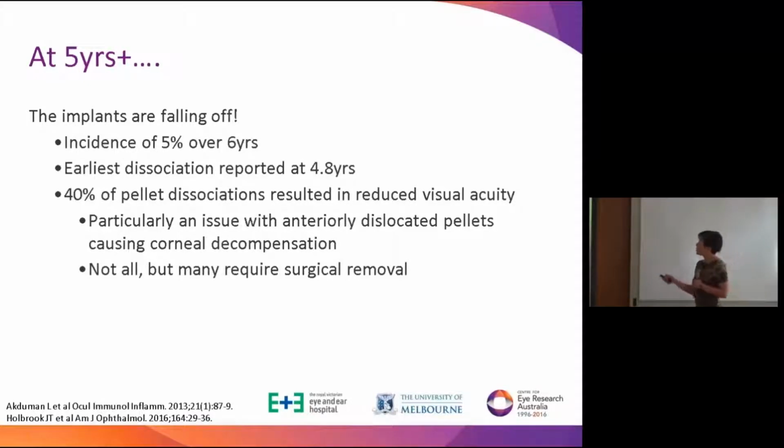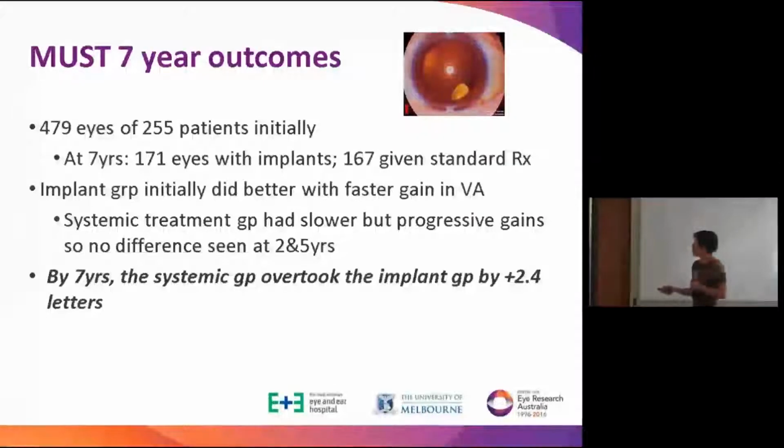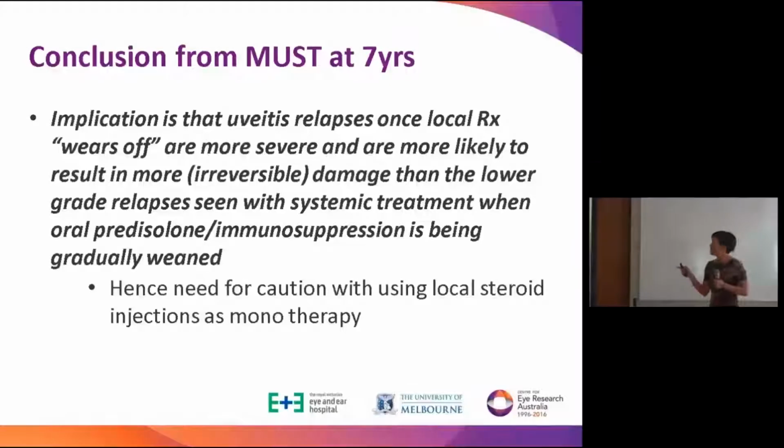And we also know that by 7 years, what we found was that the systemic immunosuppression group for these patients did better than the implant group. And the conclusion at 7 years, and I'm going to read this word for word, is that uveitis relapses, once the local therapy wears off, are more severe and more likely to result in irreversible damage than the lower grade relapses we have when we wind down systemic immunosuppression.